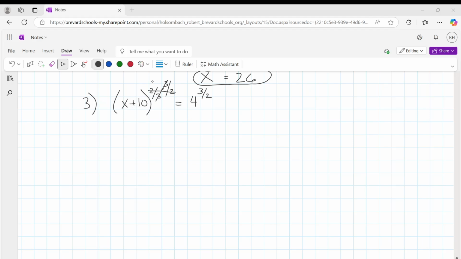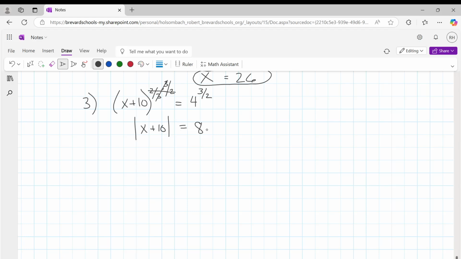And we said earlier in the week that if this numerator or denominator that we're raising is even, then this binomial goes into the absolute value symbol. And 4 to the 3/2 power is equal to 8.